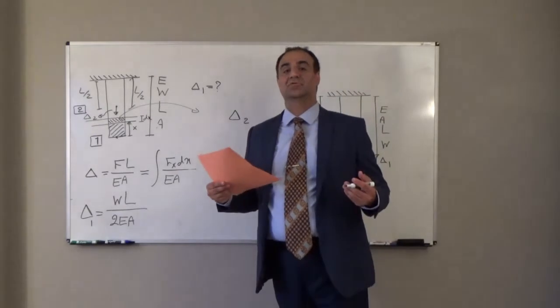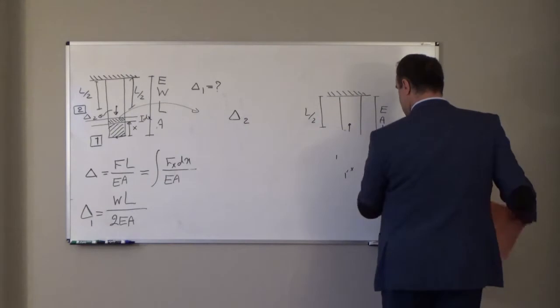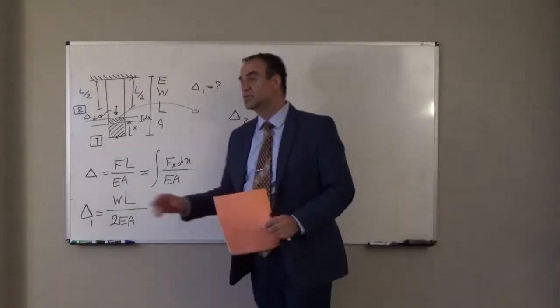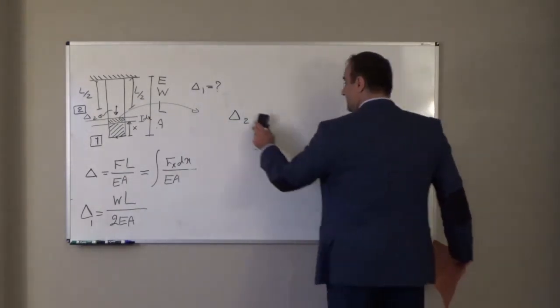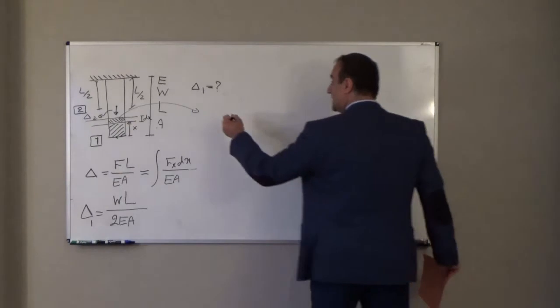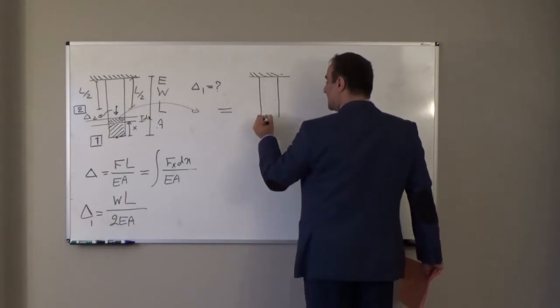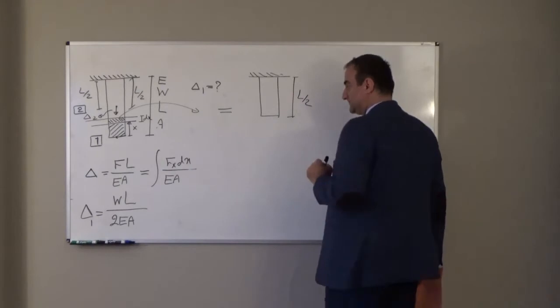How can I calculate that? That is again easy to do because we can use the result of delta 1. I can separate this problem into two problems. In one of them I cut at the middle, here at L over 2.